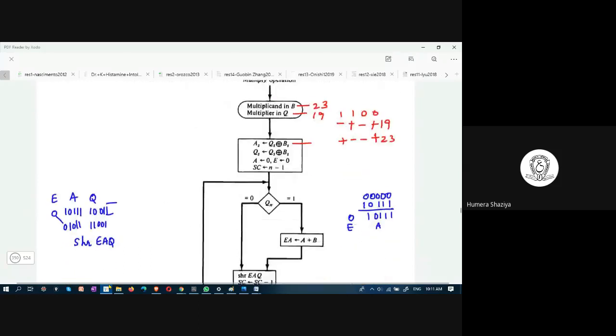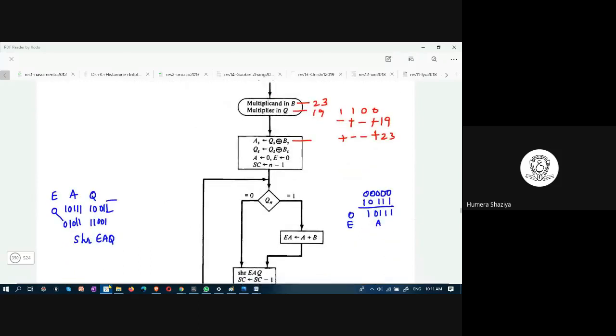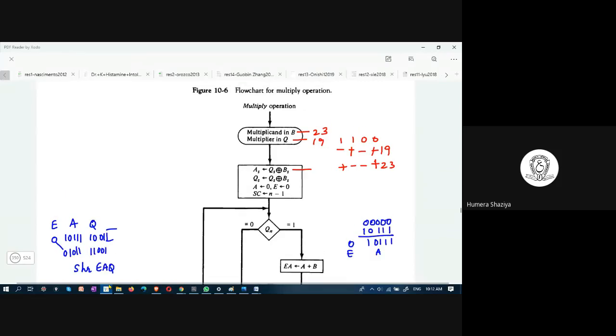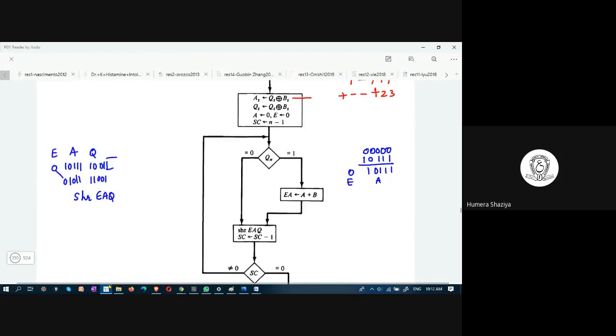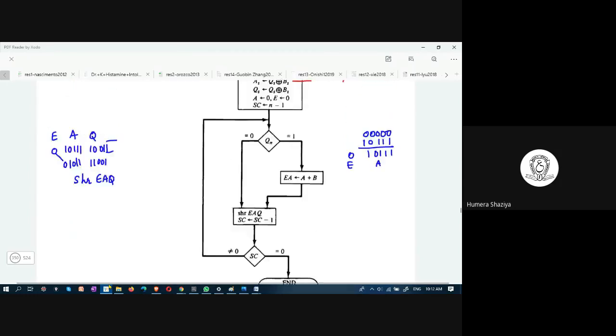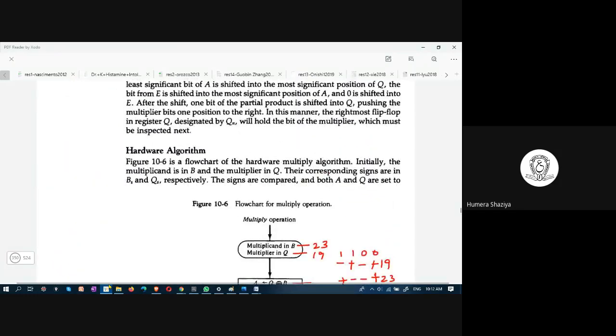We have to actually do the example in today's class. This is a quick revision. Flowchart for multiply operation. Without referring to flowchart, will anyone tell me how multiplication happens?